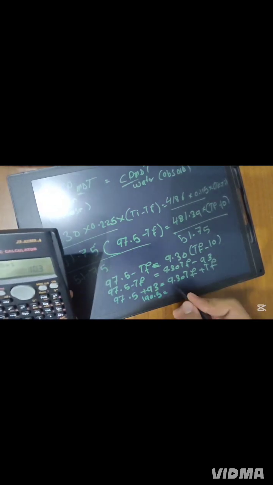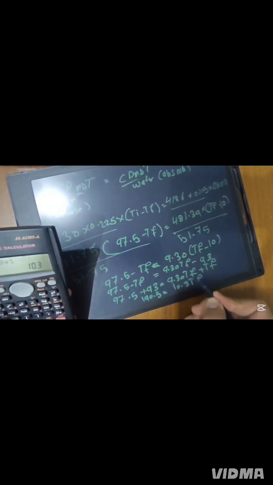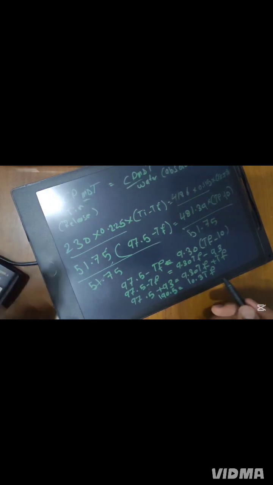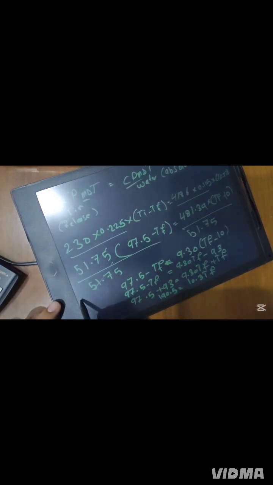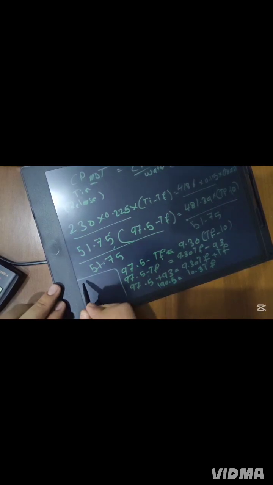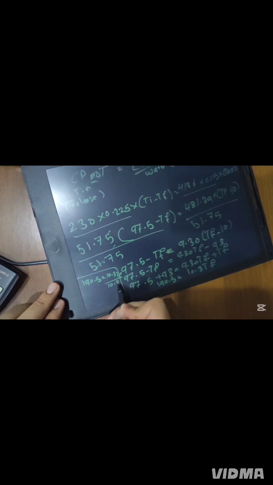will be 10.3 Tf. So to find Tf, finally divide both sides by 10.3. Let me write down here because there is no place. 190.5 equal to 10.3 Tf. Divide both sides by 10.3.